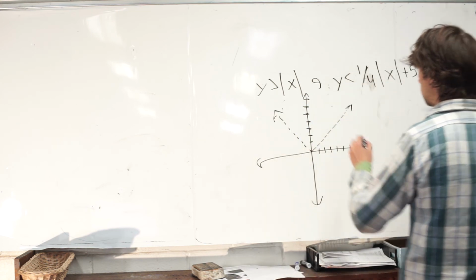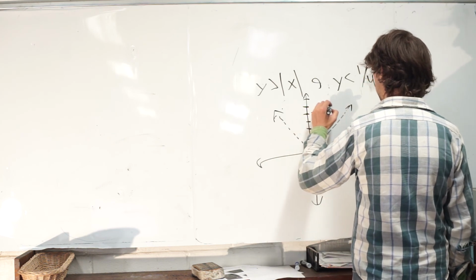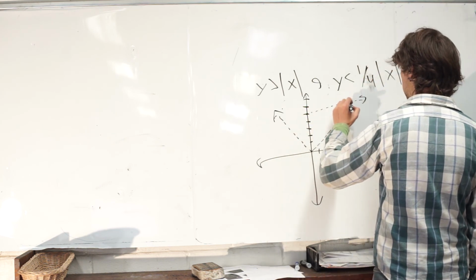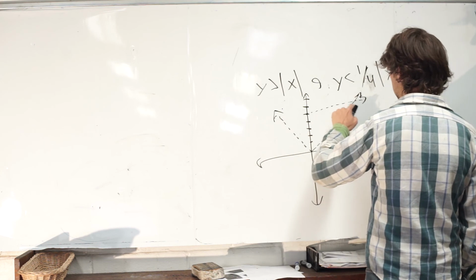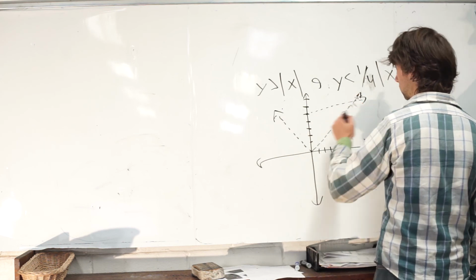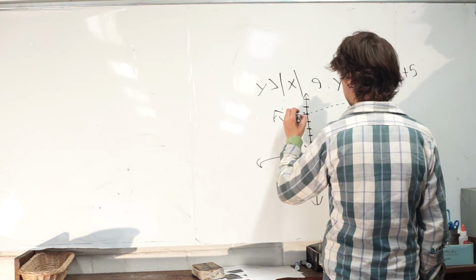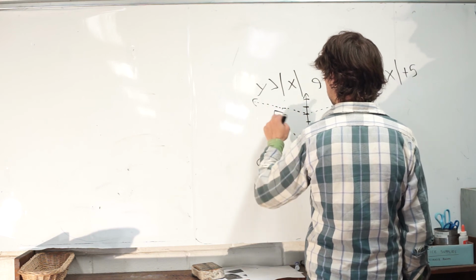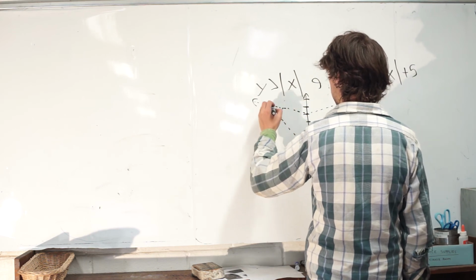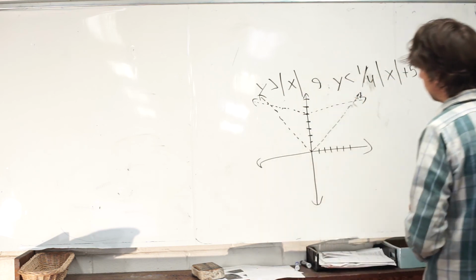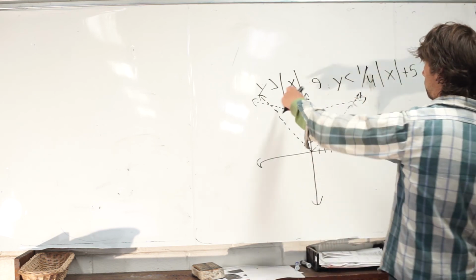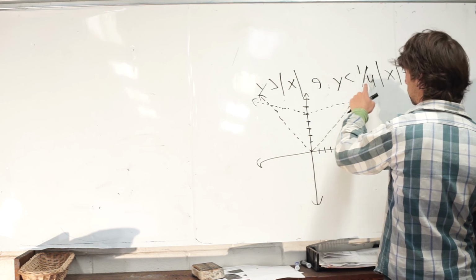Okay, and that's a dotted line as well. So I guess they're going to intersect sort of in there somewhere. Something like that. Okay, and we're shading above this one and below this one.